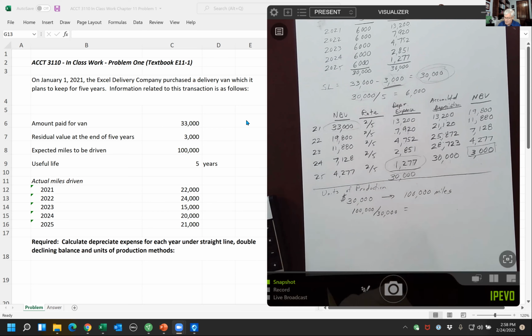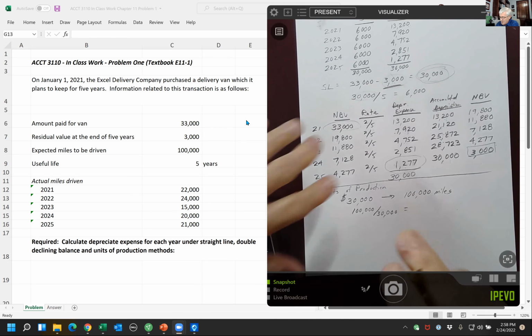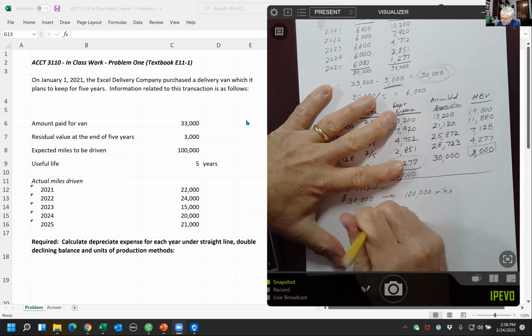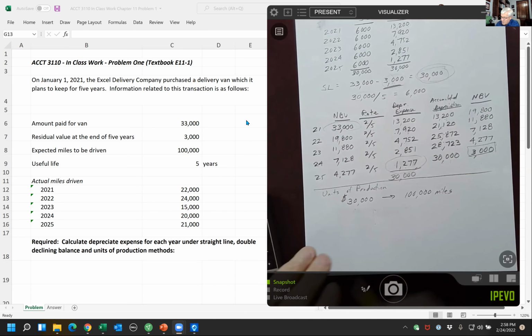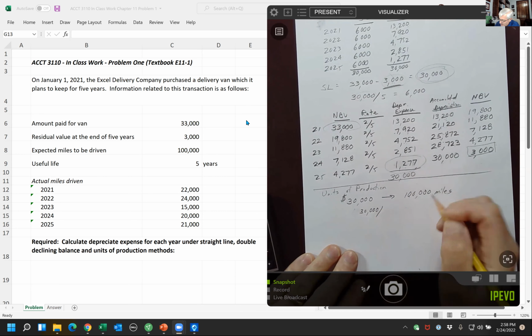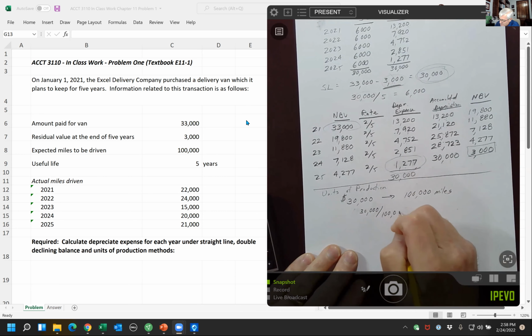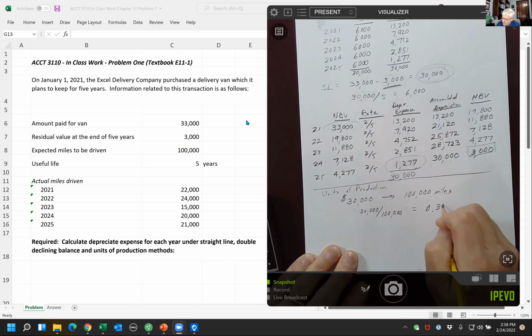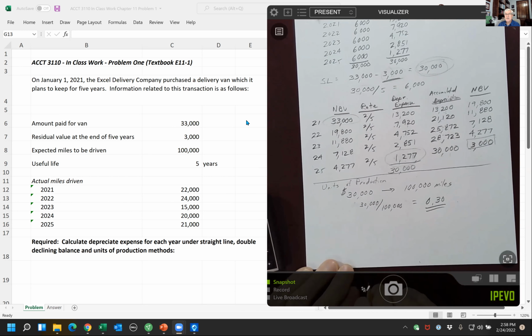No, I'm sorry, I'm doing it the wrong way. How much would 1 mile cost us? We just take $30,000 cost divided by 100,000 miles, or 30 cents. So for every mile we drive, we're going to record 30 cents.